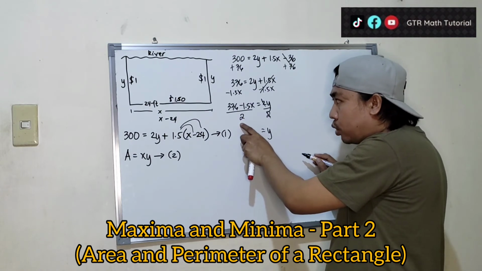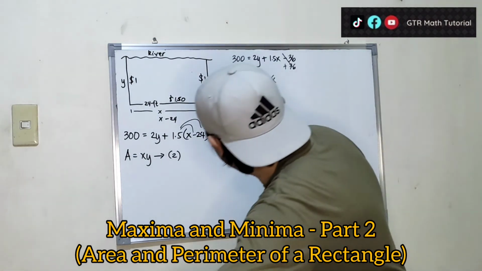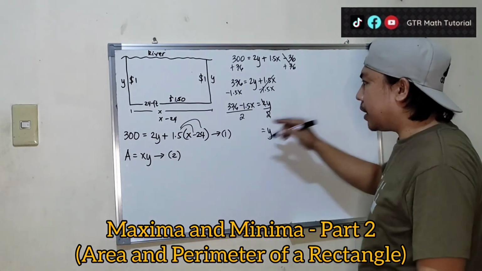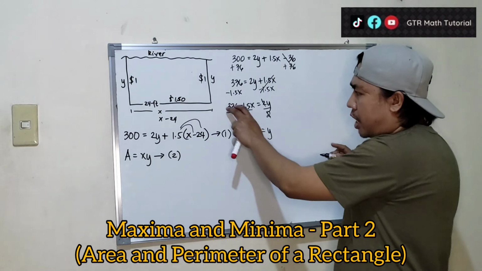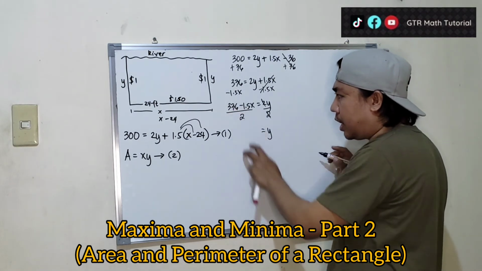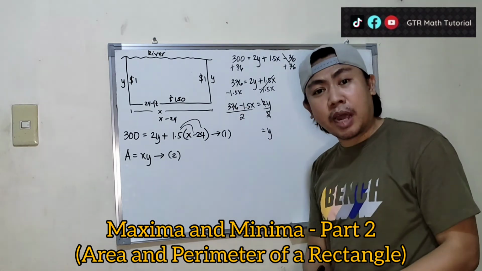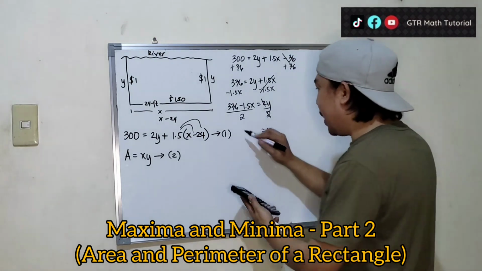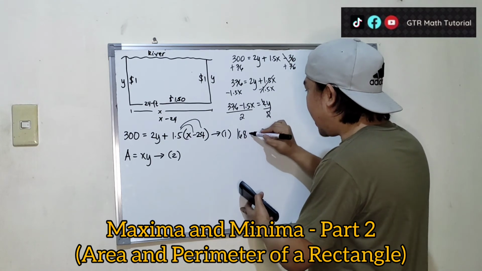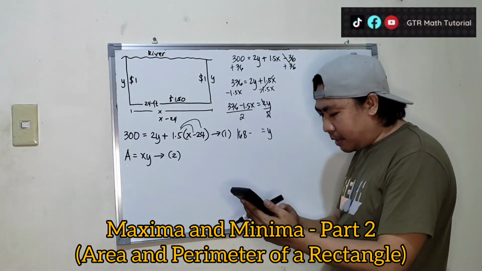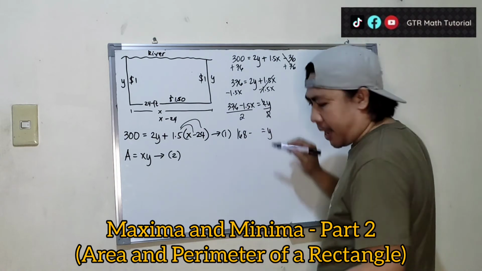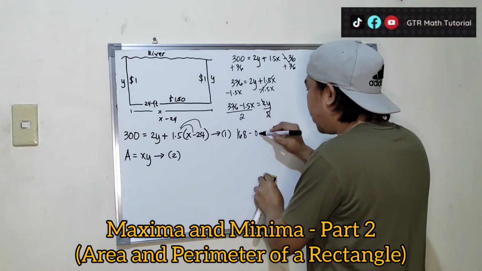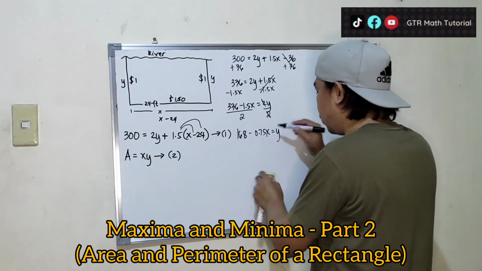Let's use a calculator. 336 divided by 2, so we have 168 minus 1.5 divided by 2 is equal to 0.75x. 168 minus 0.75x equals y.